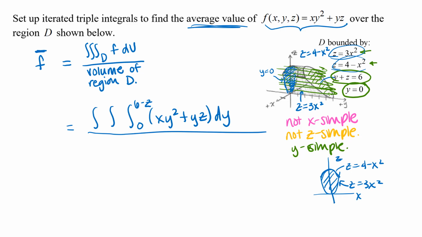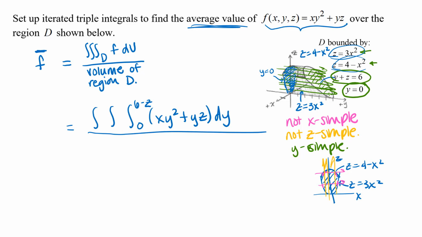Okay, so when I look at that region, it is not x simple for the same reason that the original region was not x simple. Sometimes you enter and leave through one parabola, and other times you enter and leave through the other parabola. But this region, this two-dimensional region here, is z simple.